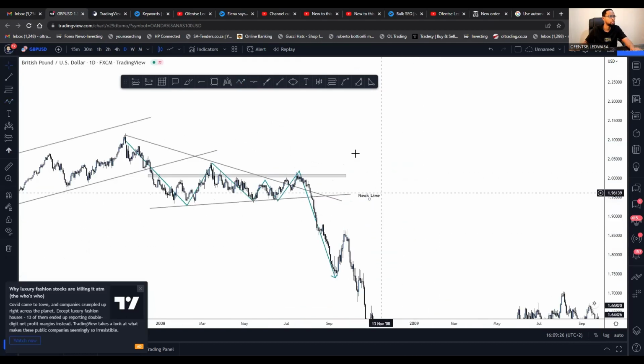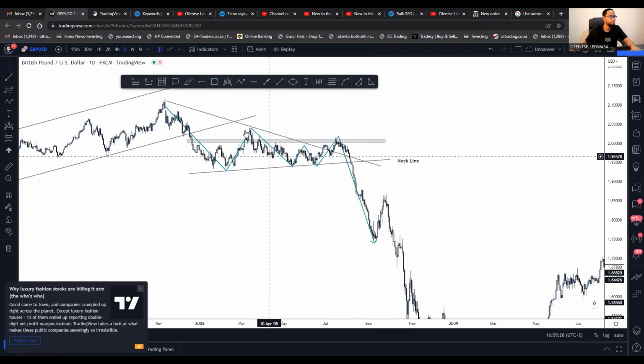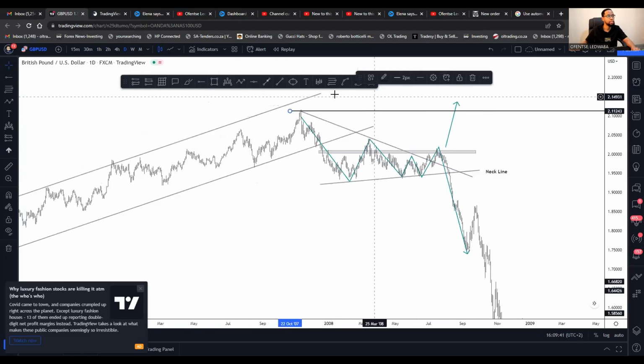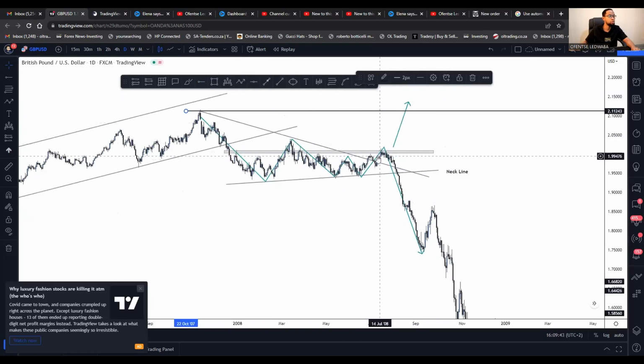So this is what we saw. So we could see that the market didn't break above, because if it broke above, we're looking to go long until this point. But now you can see that the market rejected this resistance.